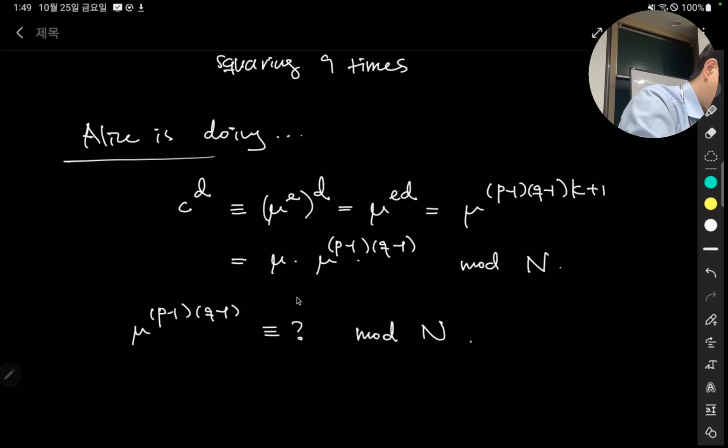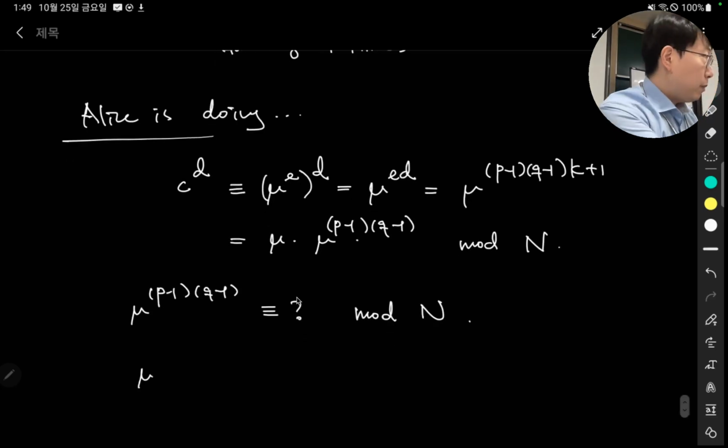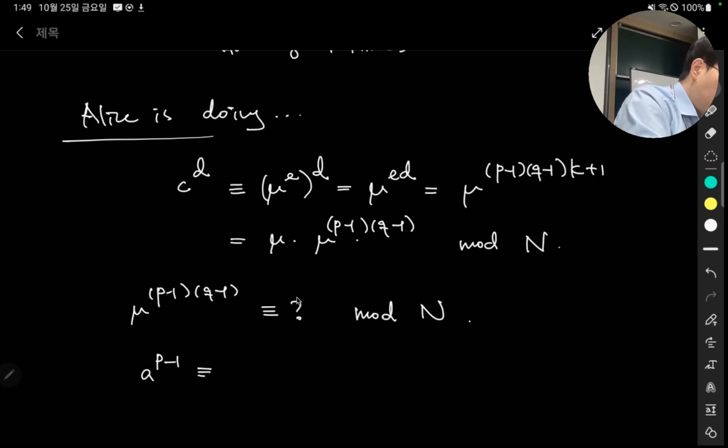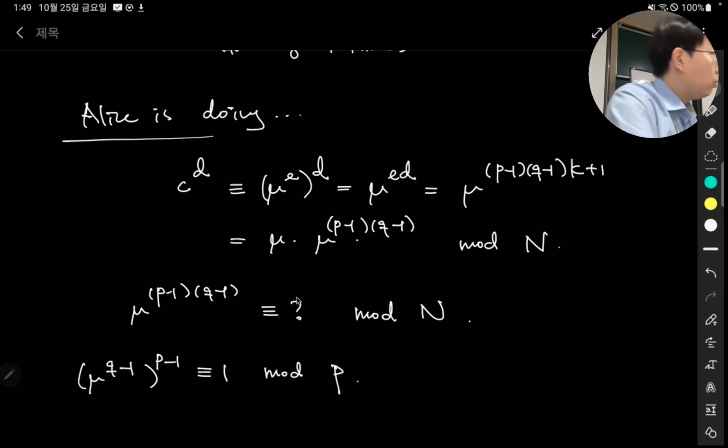By Fermat's little theorem, when I take a natural number A and take the exponent of P minus 1, it's the same as 1 modulo P. So let's put, instead of A, mu to the power of Q minus 1.